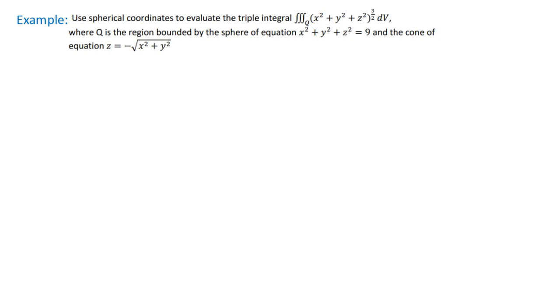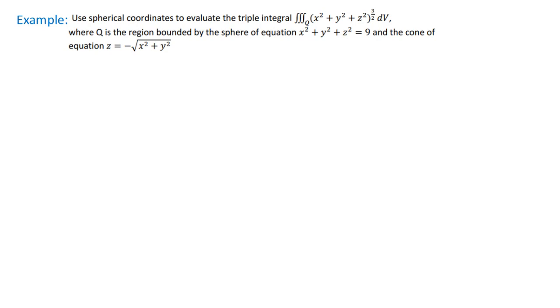I think you remember from the previous class, I said that the upper hemisphere represents phi between 0 and pi over 2. The lower hemisphere represents the values for phi between what? Between pi over 2 and pi.